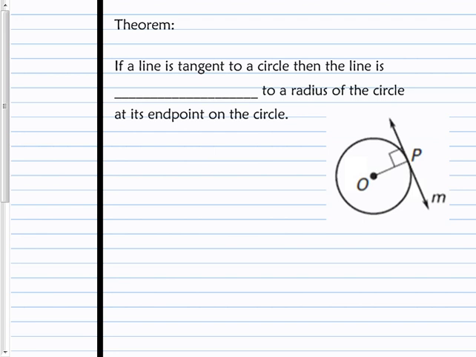Next theorem. If a line is tangent to a circle, then the line is perpendicular to a radius of the circle at its endpoint on the circle. Perpendicular is our word here. I spelled that wrong, sorry about that.